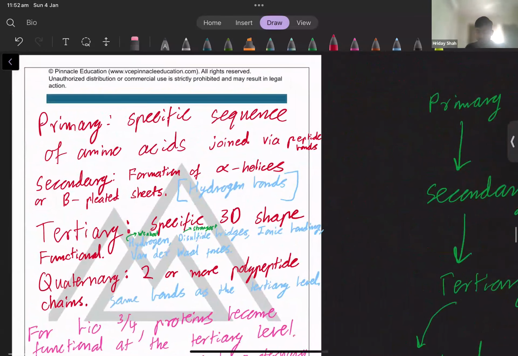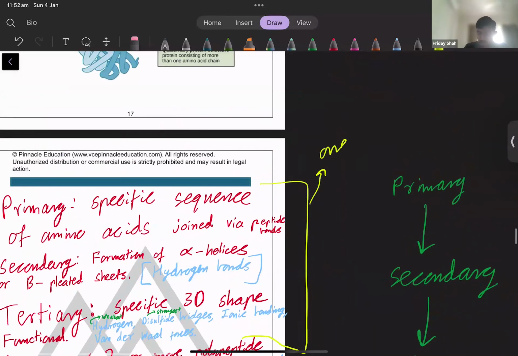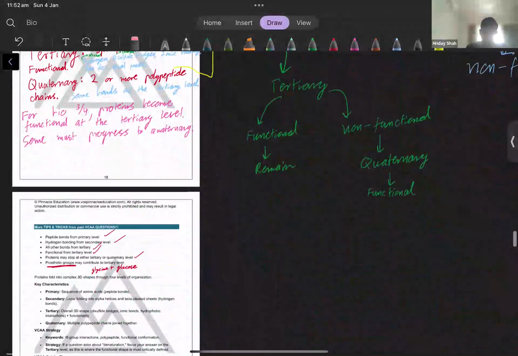So primary and secondary must just be one polypeptide chain and no additions, whereas tertiary is where you have another polypeptide chain or a prosthetic group as well.